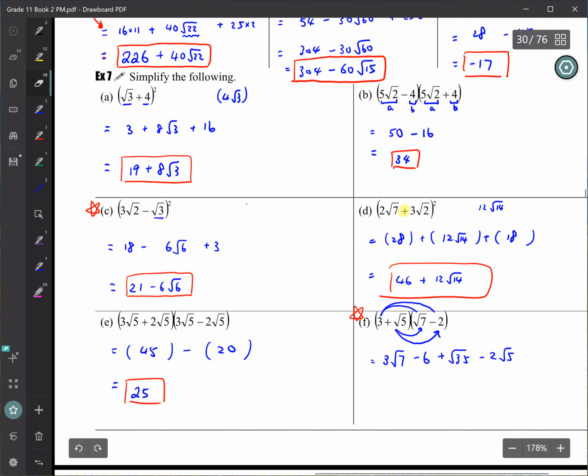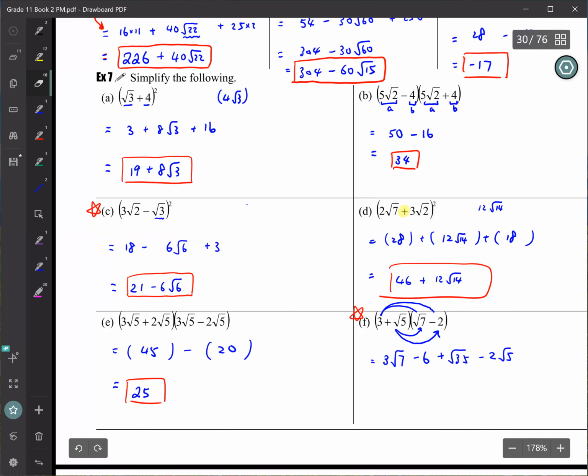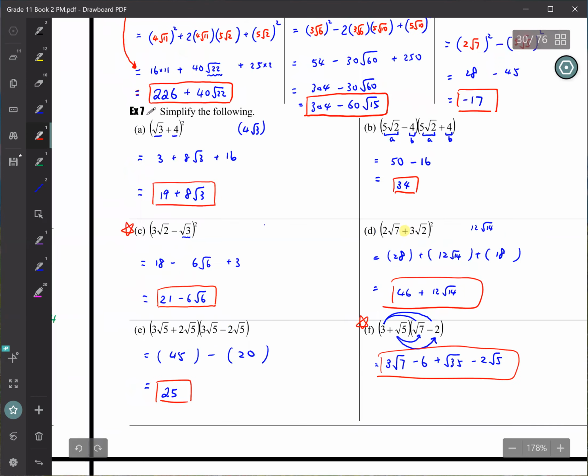And there's no terms that are alike that you can combine. Okay, so the answer will be just like this. You just leave it like that. So if there's no formula, you just have to expand one by one. If there's formula, you go straight to the formula.